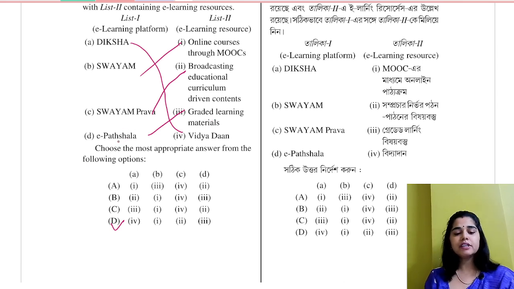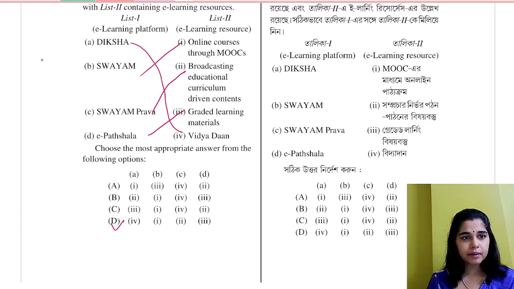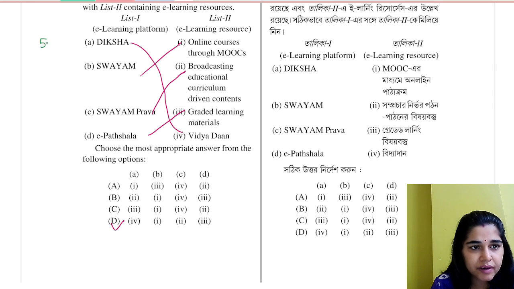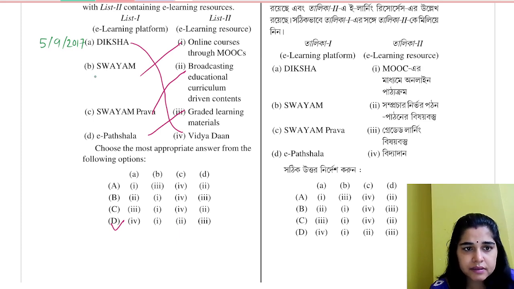So I will share a little bit something here. Let's see. So the Diksha portal will come in year 2017, that is 5/9/17. When someone asks about Swayam Prabha, they can ask Swayam and Swayam Prabha.